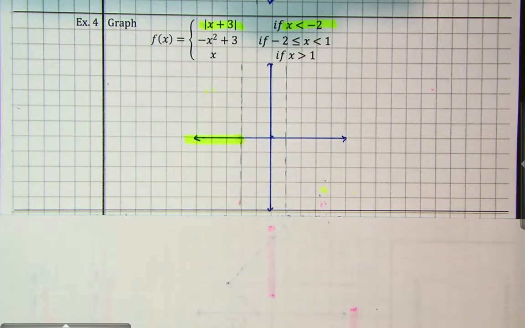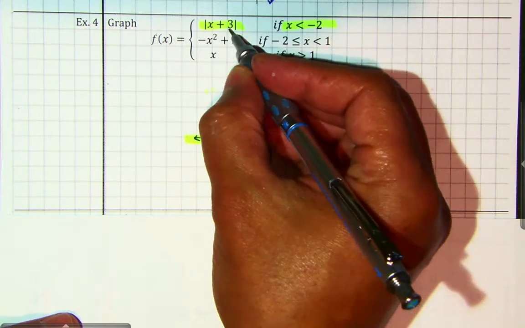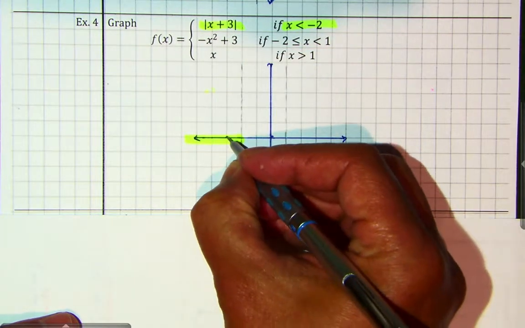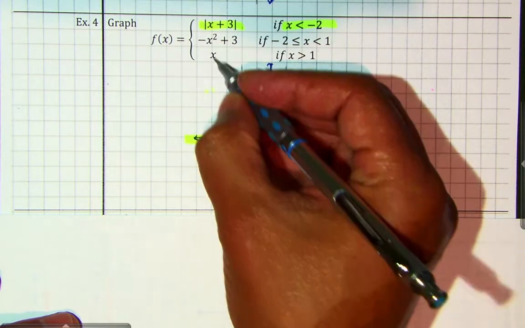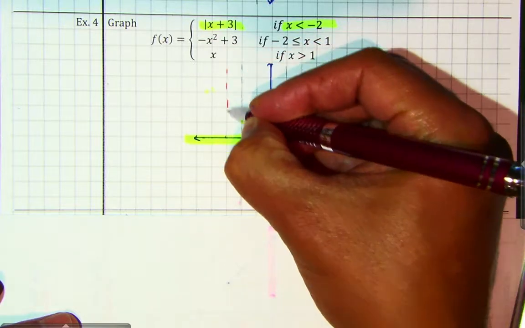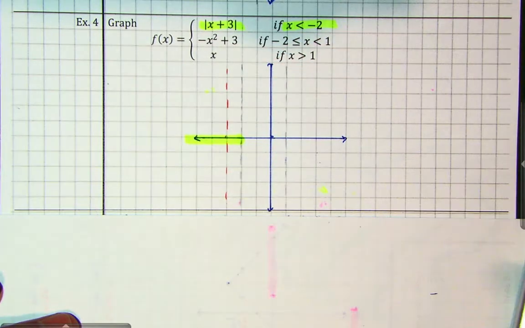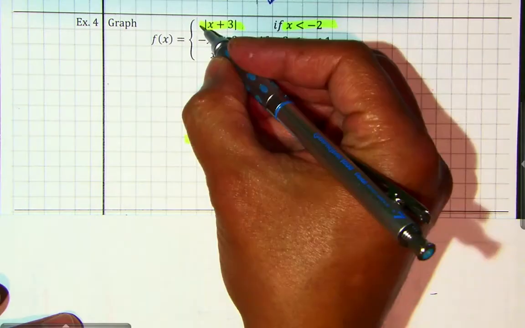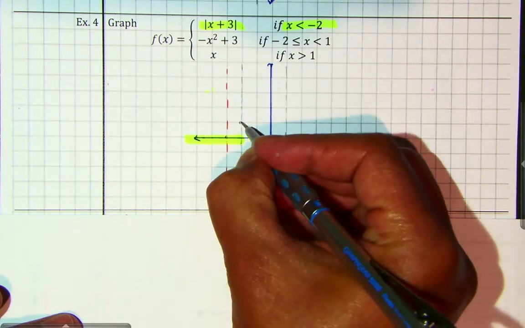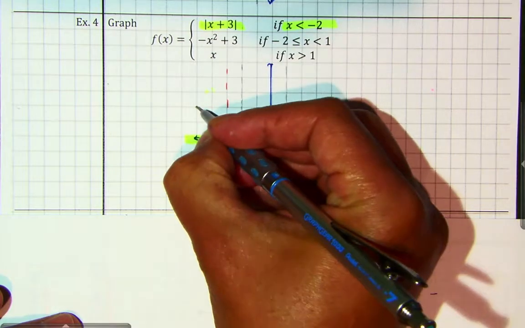And to graph it, my absolute value, my vertex is at negative 3 and 0. So negative 3 and 0 is here. My line of symmetry is here. My slope for this absolute value is 1, so my a value is 1, which is my slope, so I'll be here and over here.